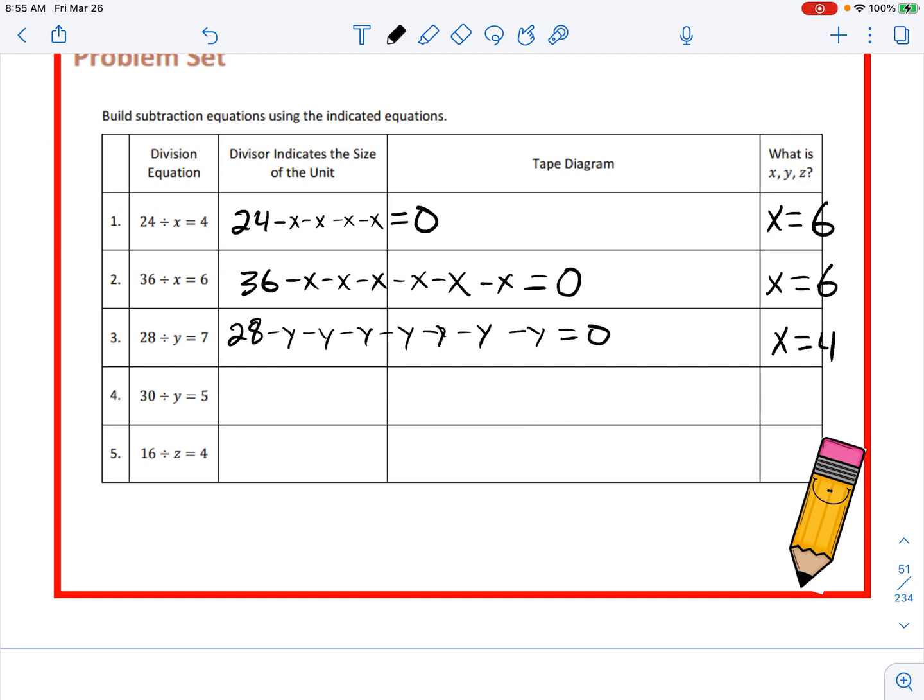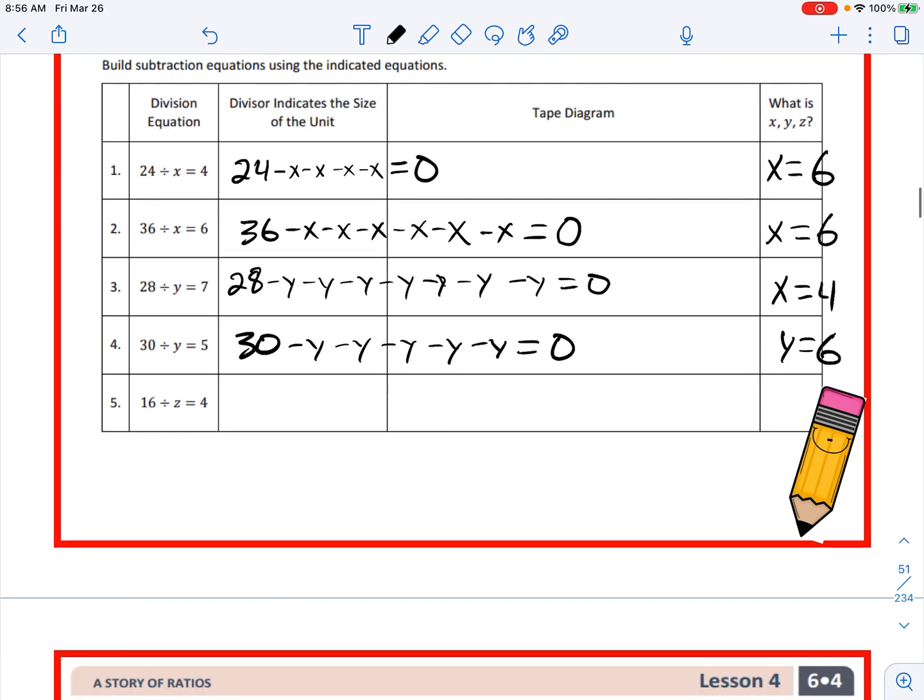And 30 divided by y equals 5. That means that you're going to have to subtract y 5 times from 30. 30 minus y minus y minus y minus y minus y equals 0. And y is going to equal 6. Okay.